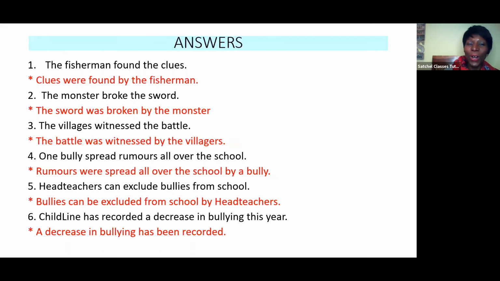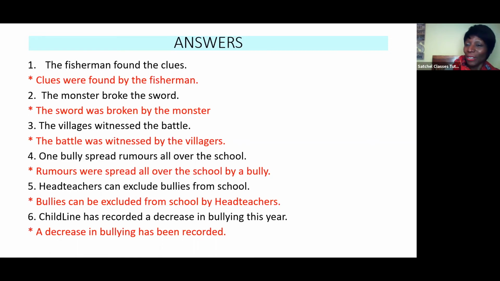Well, hopefully your answers are something like this. Clues were found by the fishermen. You can see it's taken away the agent, the main subject of that sentence. The sword was broken by the monster. Intensifies how helpless the hero is. The battle was witnessed by the villagers. Rumours were spread all over the school by bullies.